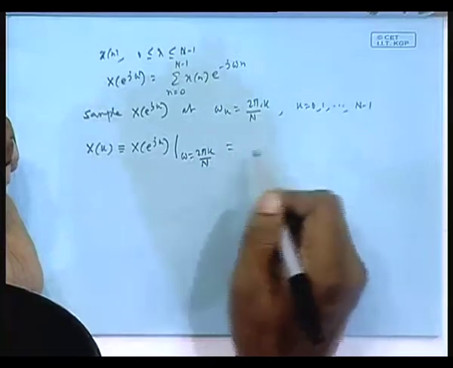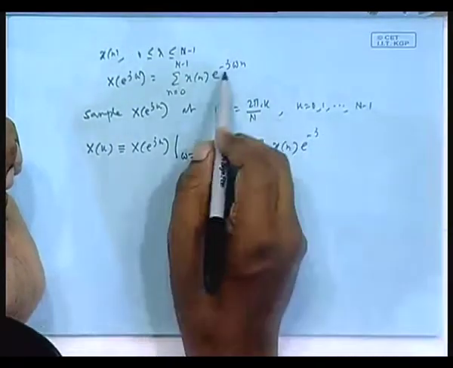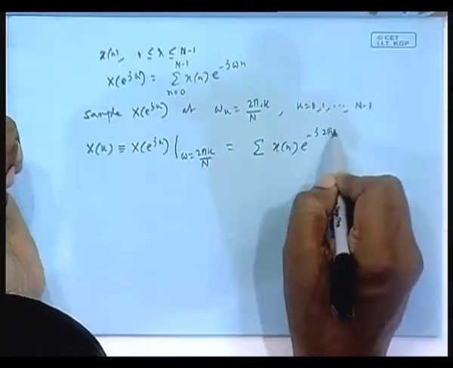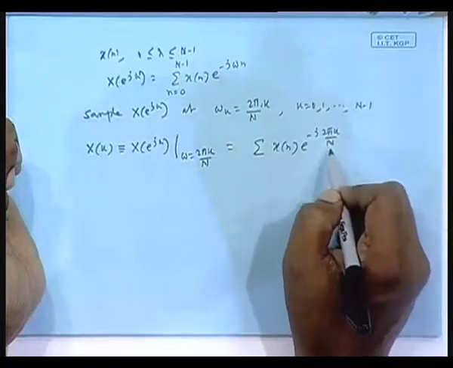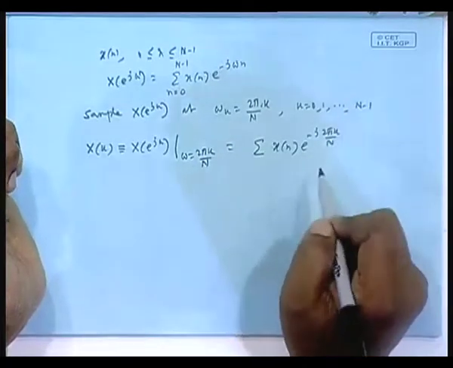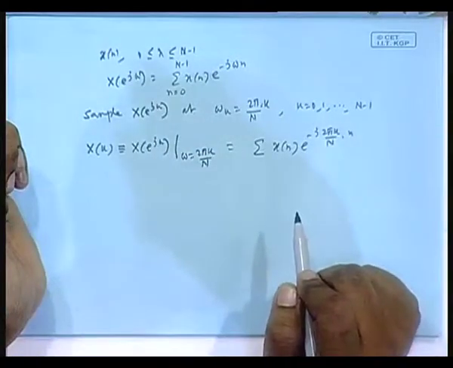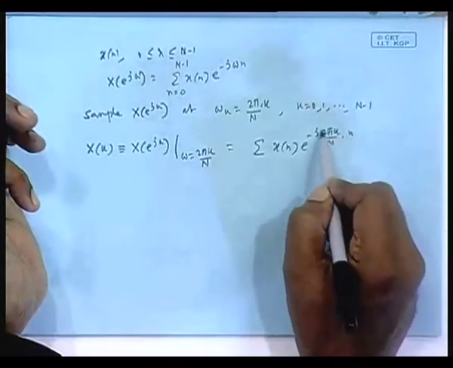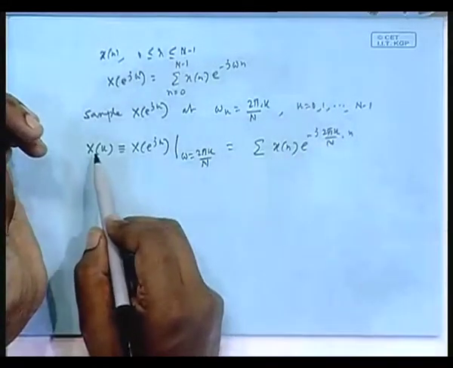This is then what? Simply e to the power minus j, replace omega by that formula, this particular discrete frequency, 2 pi by N times k, times small n. Okay. At this specific omega, you are finding out the DTFT, and you are simply calling it X[k].